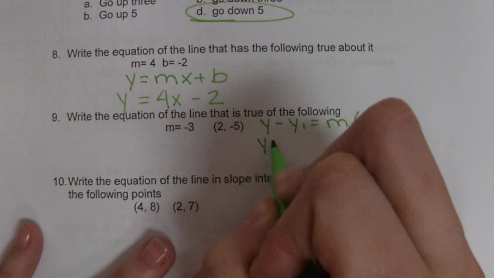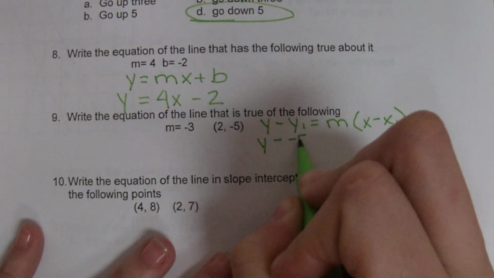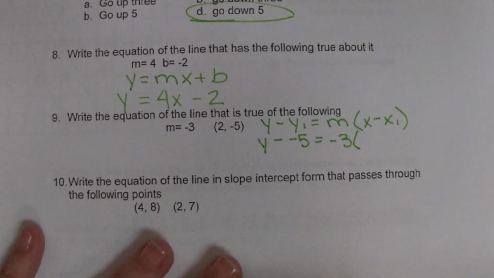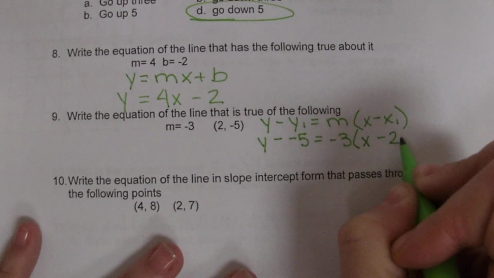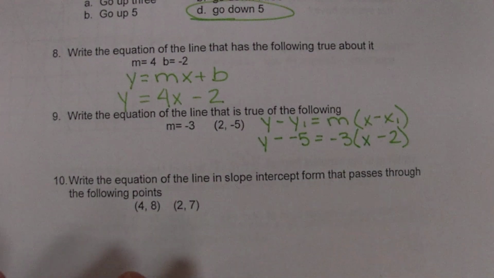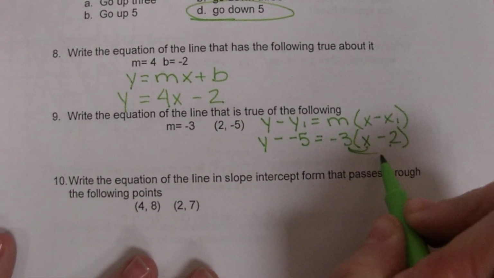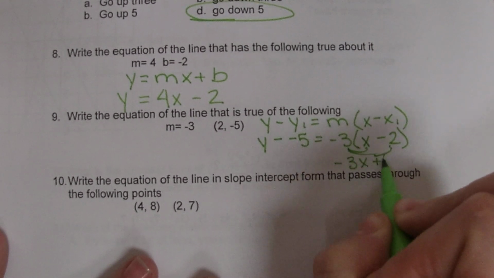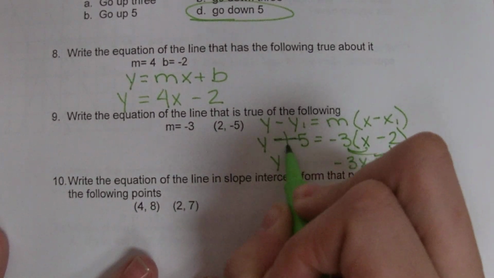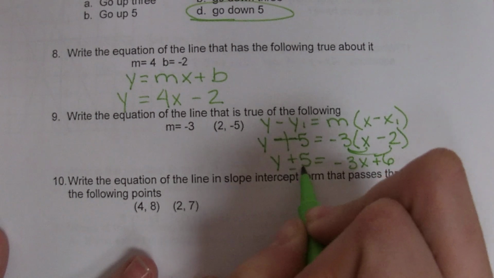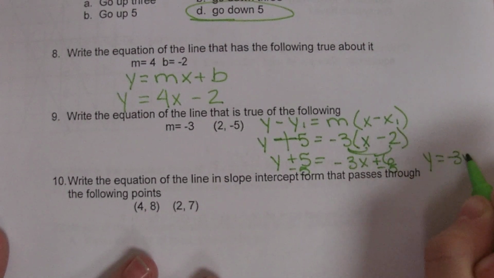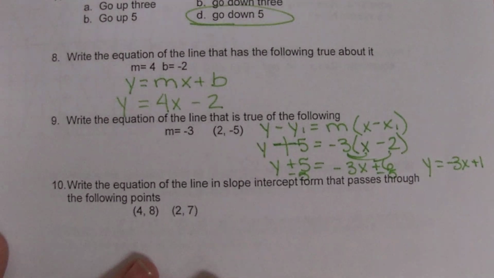So we would say y minus our y coordinate is negative 5 equals m, which is negative 3, times x minus 2, because 2 is our x coordinate. We need to get this in the correct format, so we need to solve. 2 negatives, right, make a positive. We'll subtract the 5 from each side, so we'll get y equals a negative 3x plus 1.